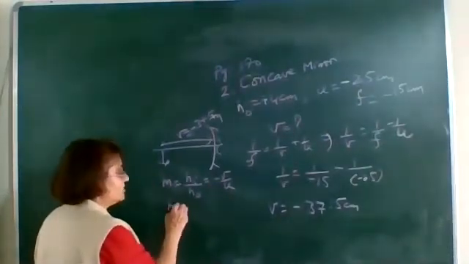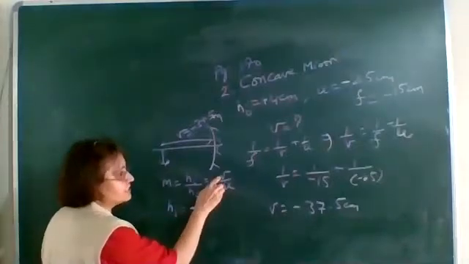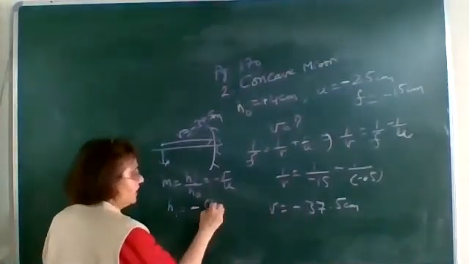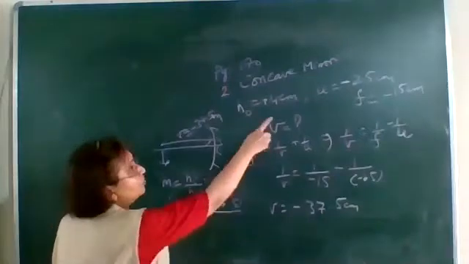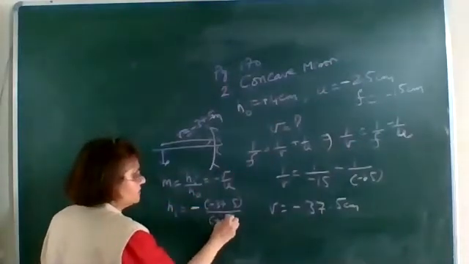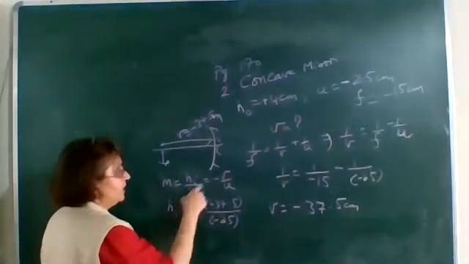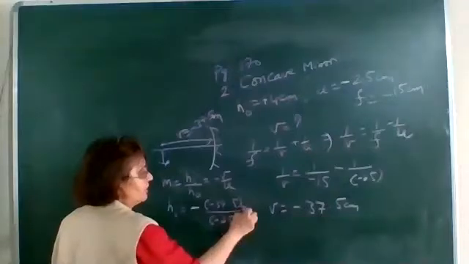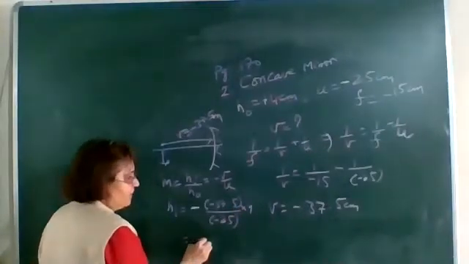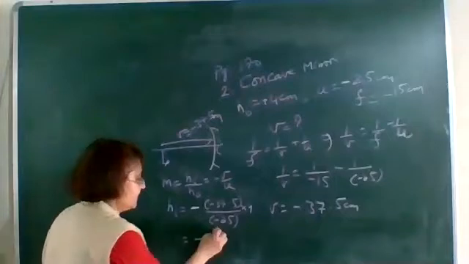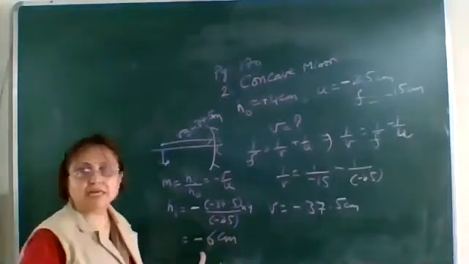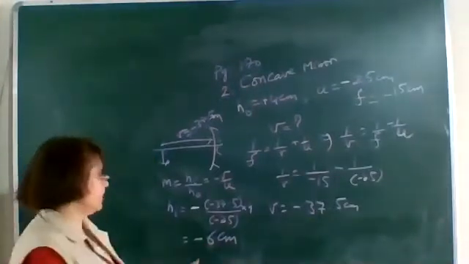Hi is equal to minus V, here minus 37.5, upon U, U here is minus 25, into Ho. Ho is how much? 4. On simplifying it, you get the answer to be minus 6 centimeter.